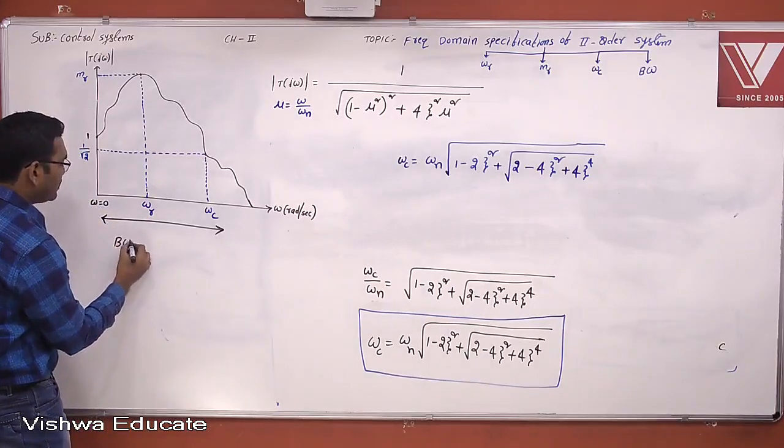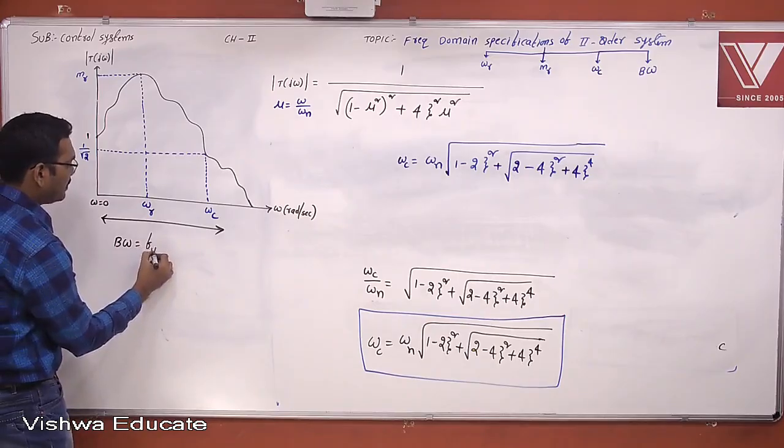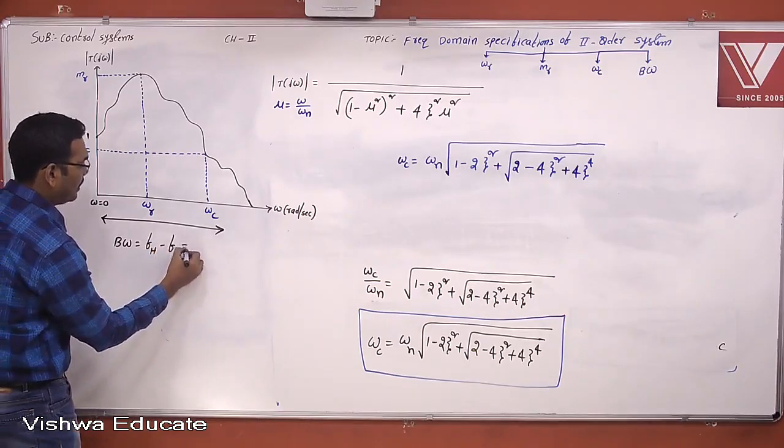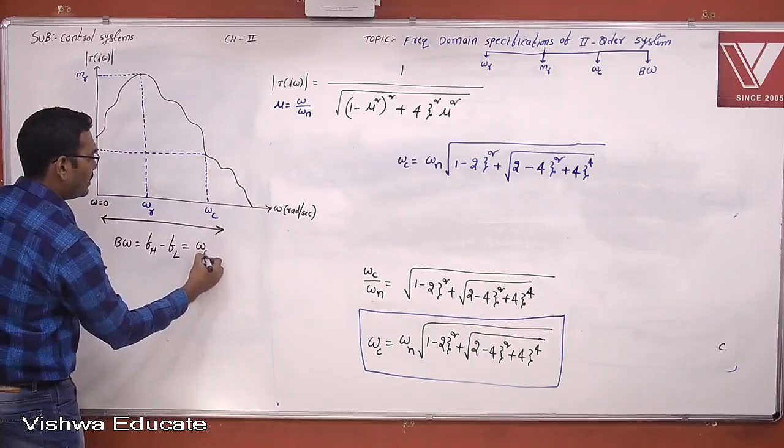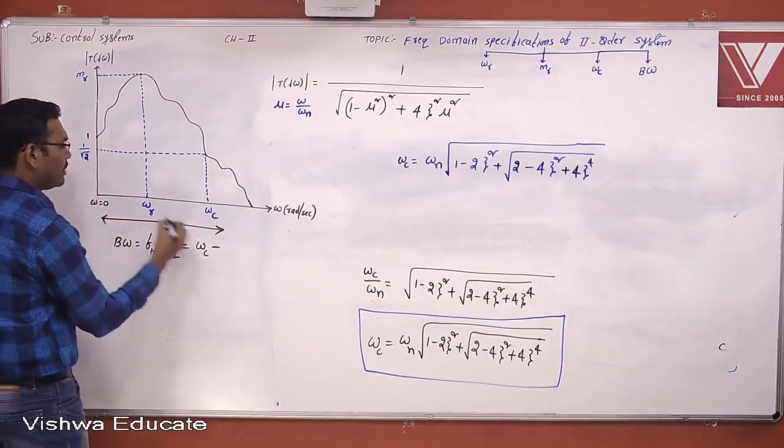The bandwidth is nothing but the highest frequency minus the lowest frequency. The highest frequency is omega c and the lowest frequency is 0.